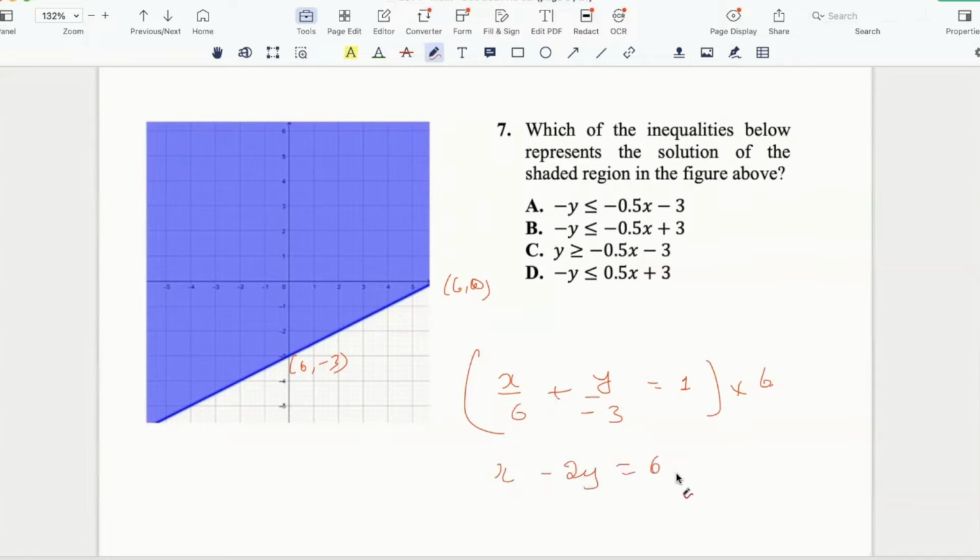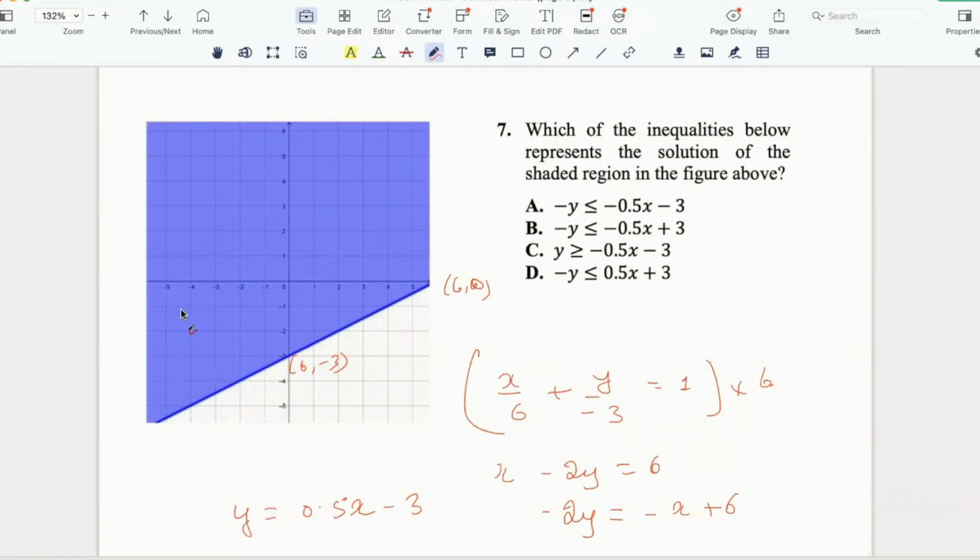And let's write it in the y equals mx plus c form. So minus 2y is minus x plus 6. So y is 0.5x minus 3, right?